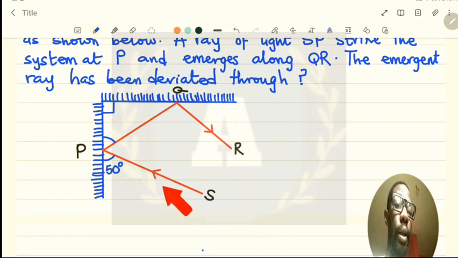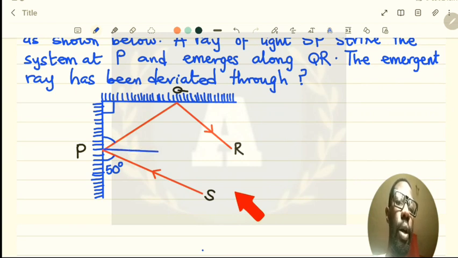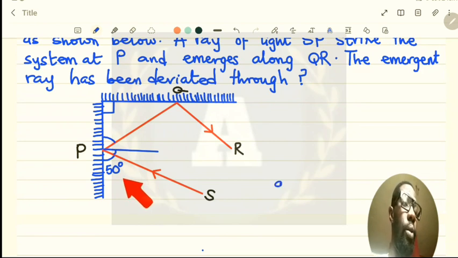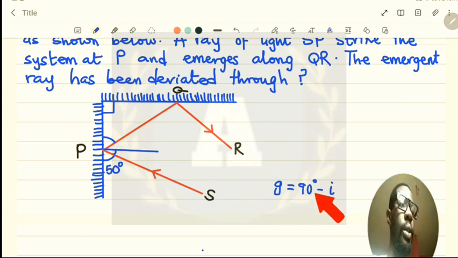Now the glancing angle here is 50 as given, so we have to get the angle of incidence. Now we draw out the normal. To get the angle of incidence, the glancing angle is equal to 90 degrees minus the incident angle.